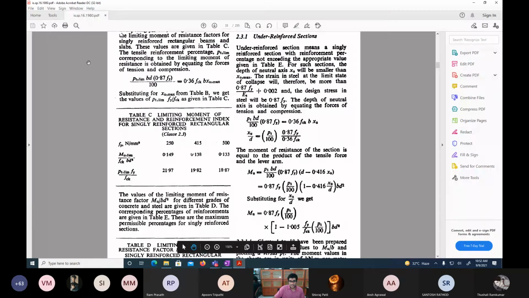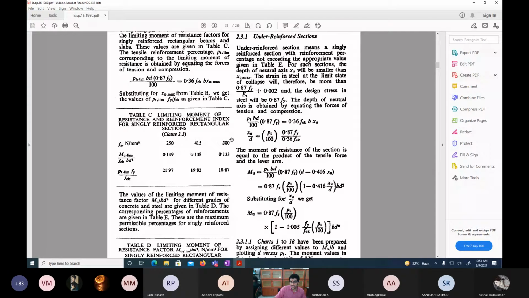So what is my Mu limit? You're able to see my PDF, no? Whether it's a PDF or the whiteboard? Yes, sir. Okay. Here we have this table, Mu limit by fck b d square equal to some constant value, which depends on your grade of steel.